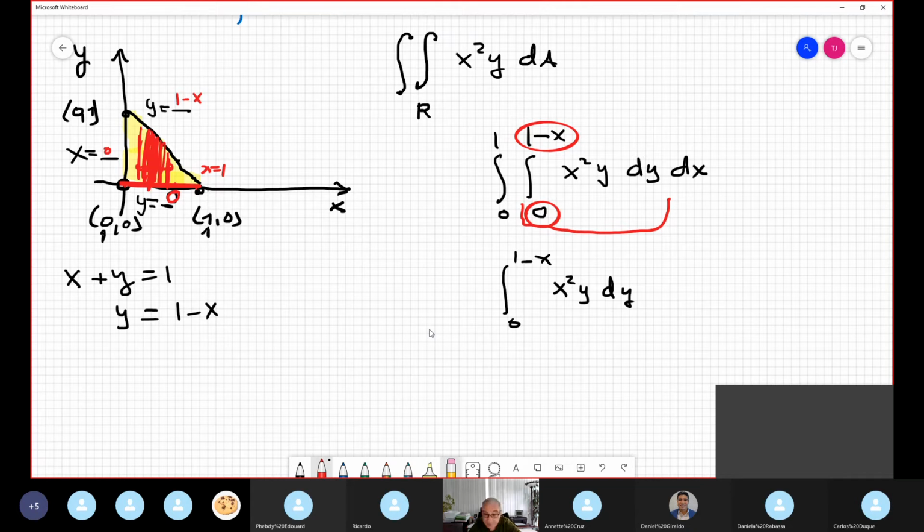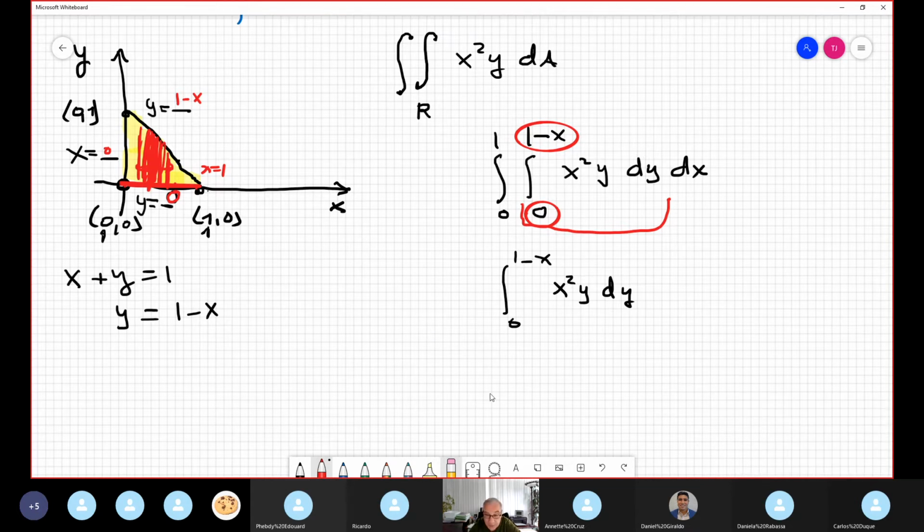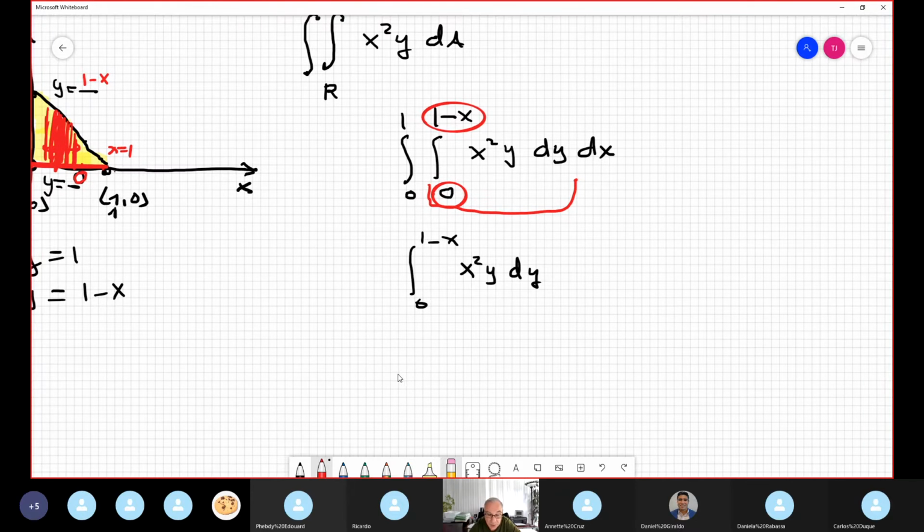So now you perform this. I suppose that y is a constant. You put x squared outside the integral, and you integrate from 0 to 1 minus x. X squared is constant.